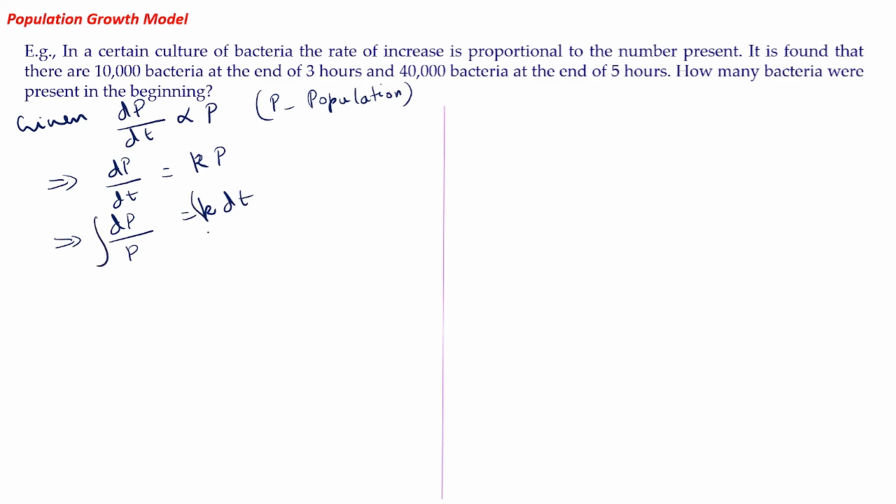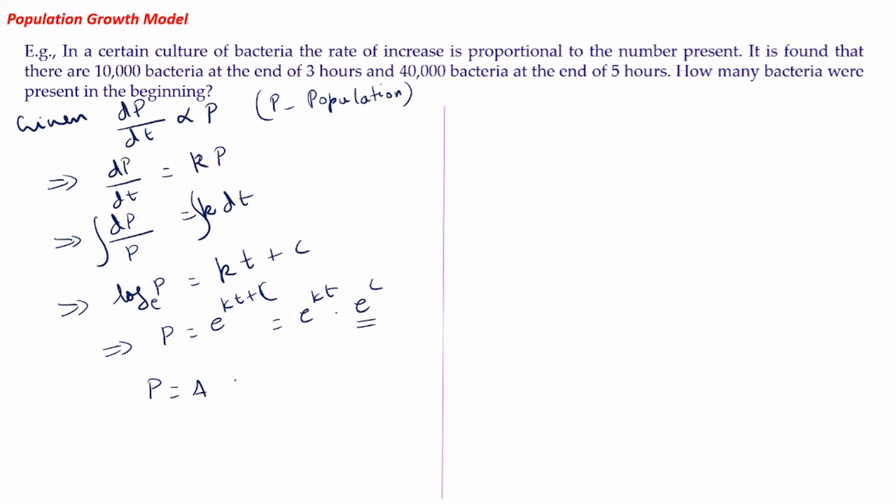We integrate both sides, so we get log P equal to Kt plus C. Now this is log P to the base e. So we have P equal to e raised to (Kt plus C), or e raised to Kt into e raised to C. This e raised to C is a constant, so we can have it as A into e raised to Kt. So here the population is a function of time, given by A into e raised to Kt.